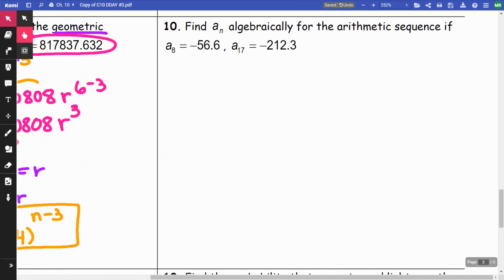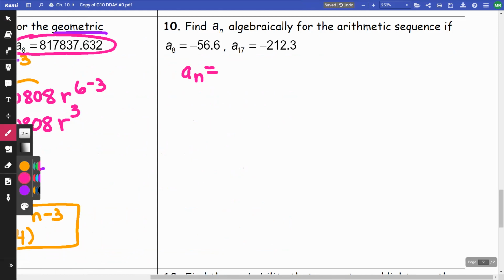On 10, similar idea, but this time it's arithmetic. So I am going to be doing a sub n is equal to, and I am going to be starting with this term, which is my 8th term. So negative 56.6.